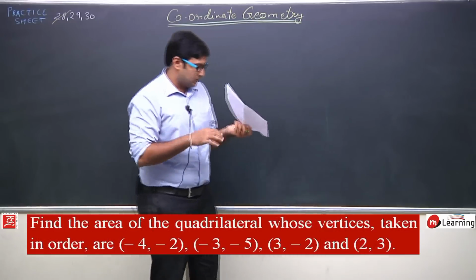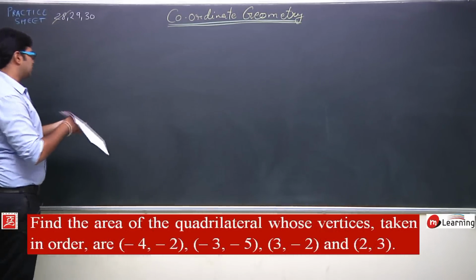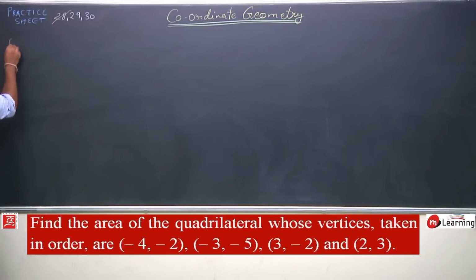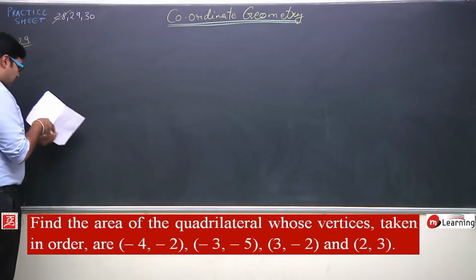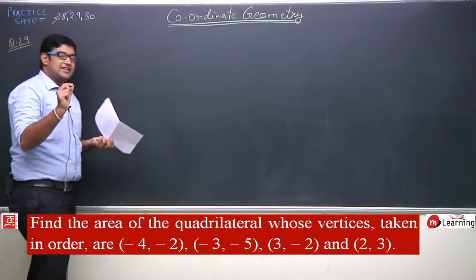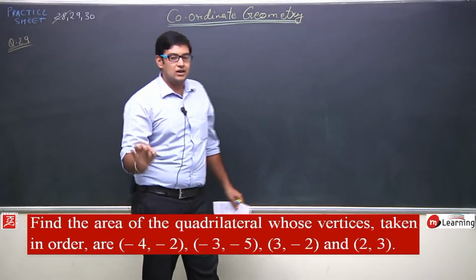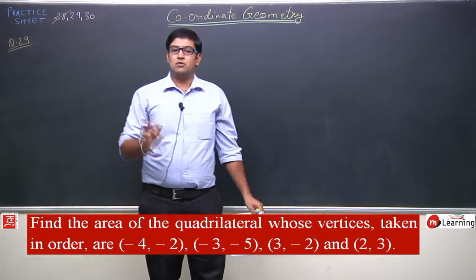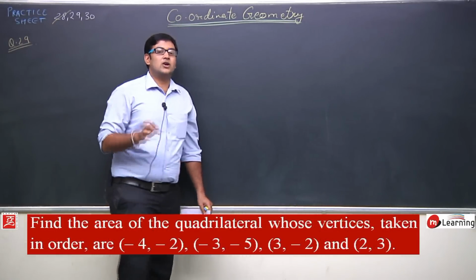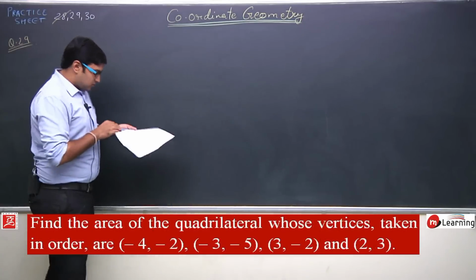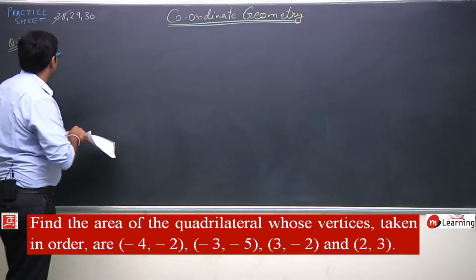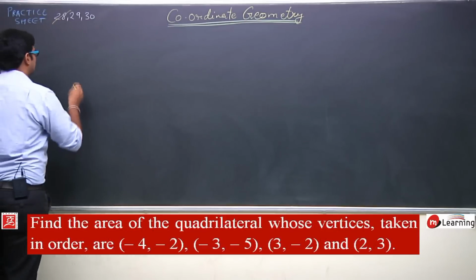Okay. So if it is a quadrilateral, let us first draw a simple quadrilateral. This is question number 29. Now, since it says that it is a quadrilateral, it is not given that it is a rectangle or a square or a parallelogram or a trapezium or a rhombus or anything else. Okay. So what we are going to do is draw a generalized quadrilateral.